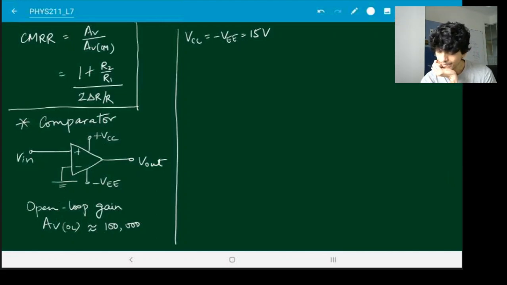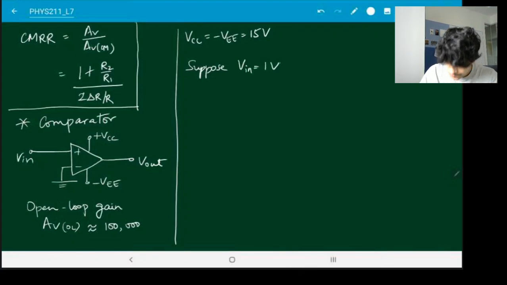Let's say I'm putting a V in of 1 volt. Your op-amp in the open loop mode is trying to amplify the signal and give you 1 lakh volts. But you will never have 1 lakh volts, because where is that extra energy going to come from? When we say voltage, we mean some electrical potential energy, and there is not an infinite amount of energy lying around.